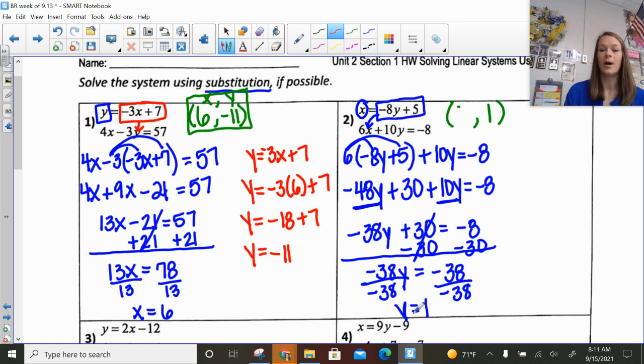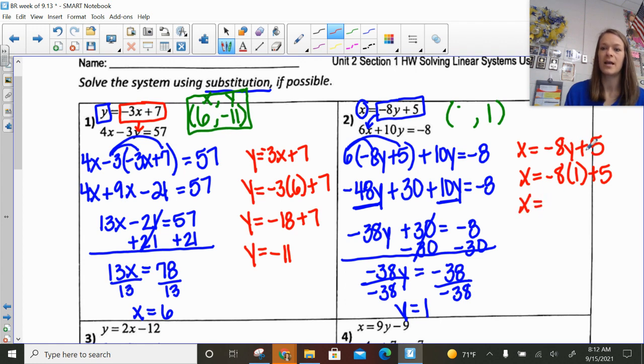All right, so I know my y value. I'm going to plug it back in and solve for x. I'm going to use this top equation again, and I'm plugging this in for y. So negative 8 times 1 plus 5.